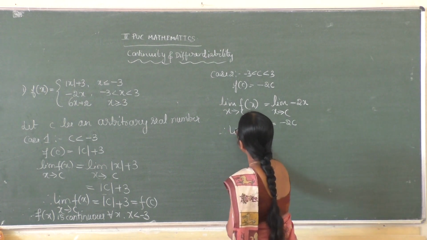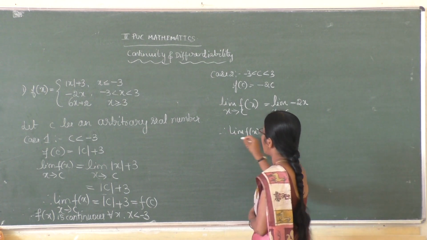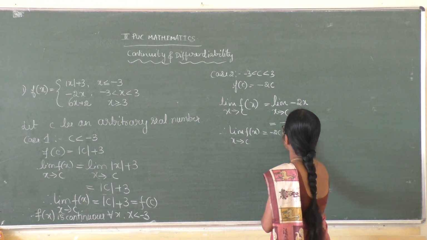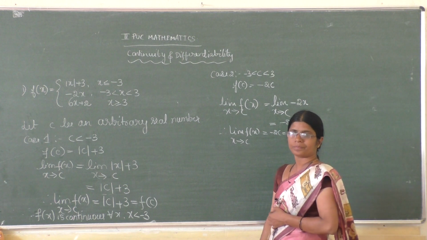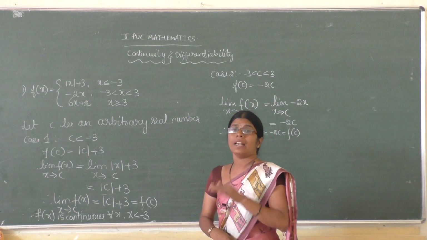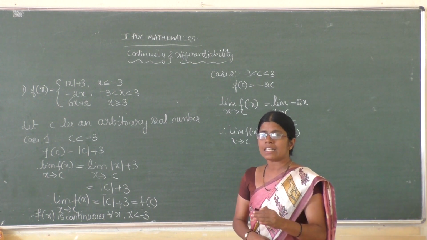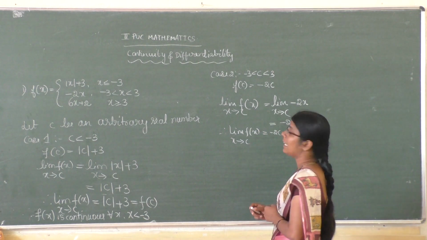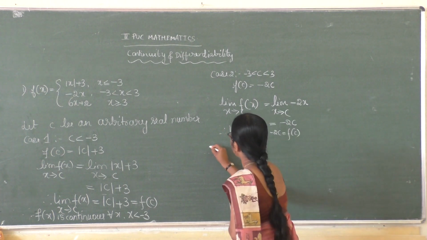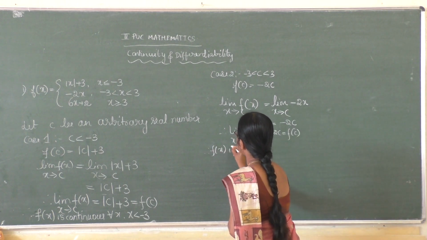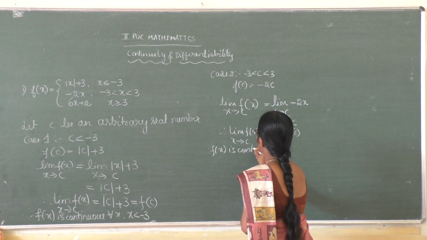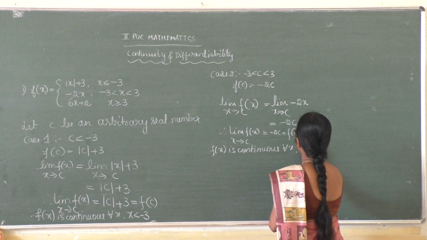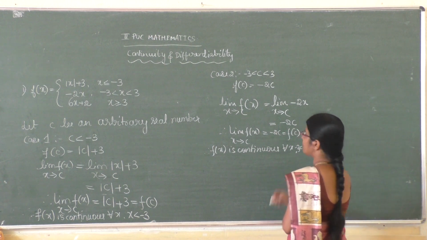Therefore, limit of f of x as x tends to c equals minus 2c, that equals f of c. Therefore, what can we conclude? f of x is continuous for all x, x greater than minus 3 and less than 3.